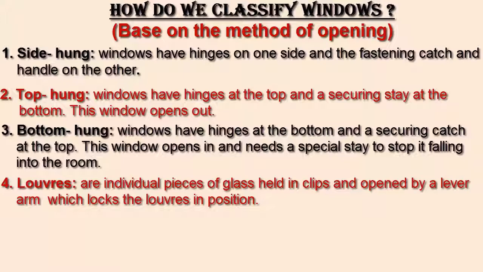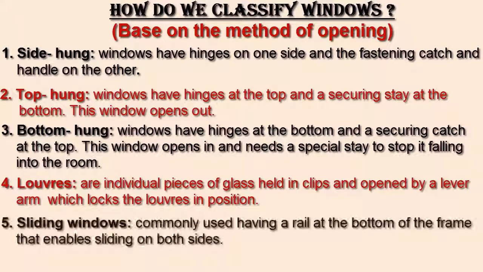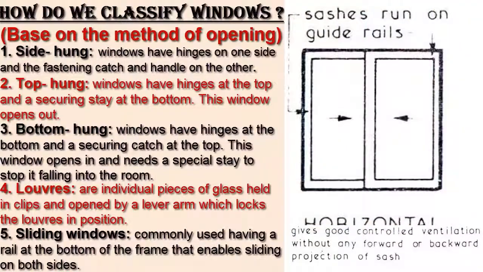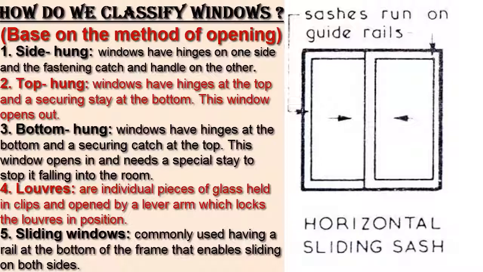As part of the methods of opening, you can find sliding windows, which are very common today. These windows have a rail at the bottom of the frame, so that they slide on each other. You can open it in this direction. When you open it at the center, it creates ventilation on the two sides. When you open it to one side, one leaf of it brings ventilation.